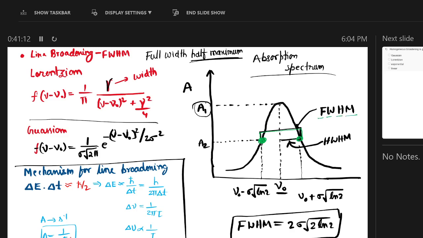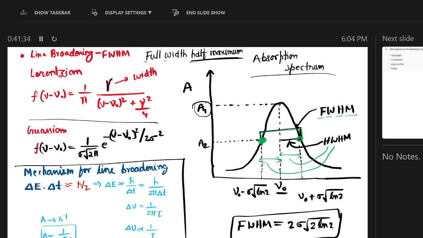If you take the difference between the middle and the last line, we call this half width half maximum.